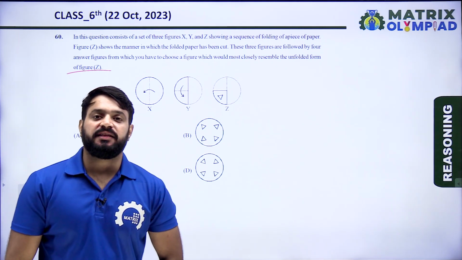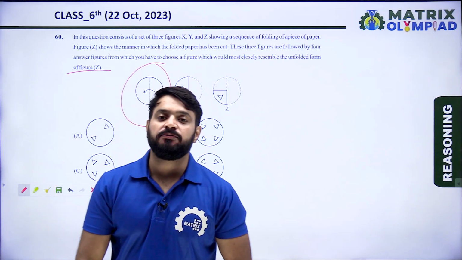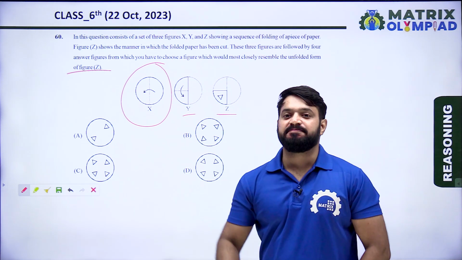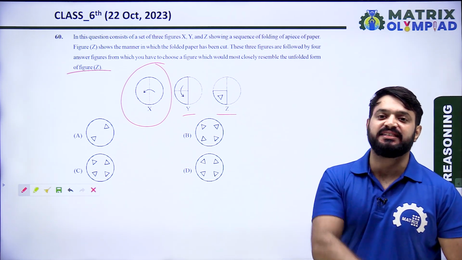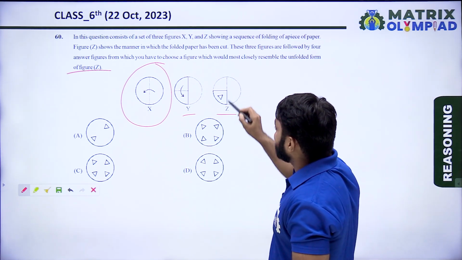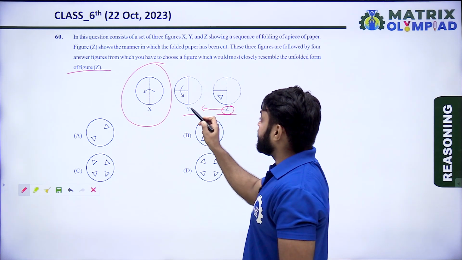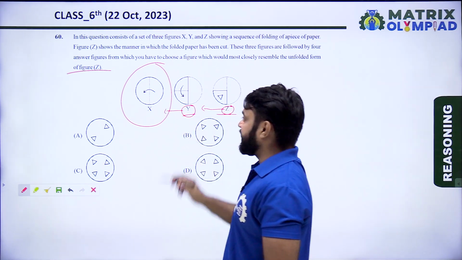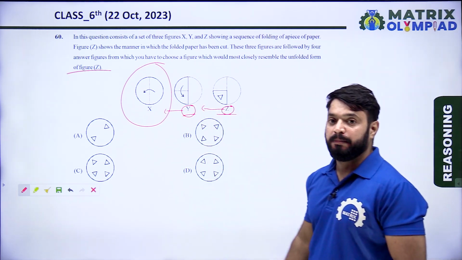It means find the figure of X, because X represents the unfolded paper. Unfold the paper in the same sequence in which it was folded and find the mirror image in each case. So first find the mirror image of Z, it represents Y. Now find the mirror image of Y, it represents X. Now find the image of X, because X represents the unfolded paper.